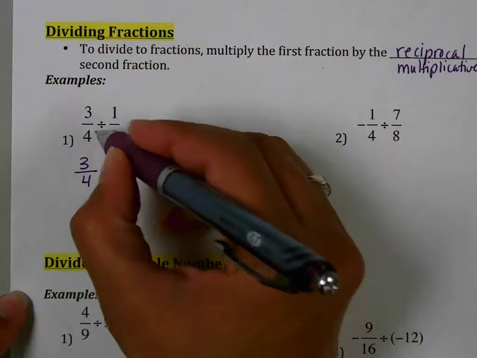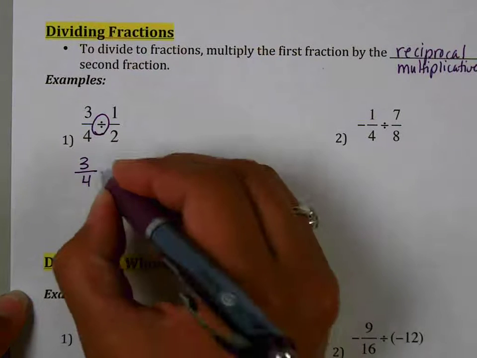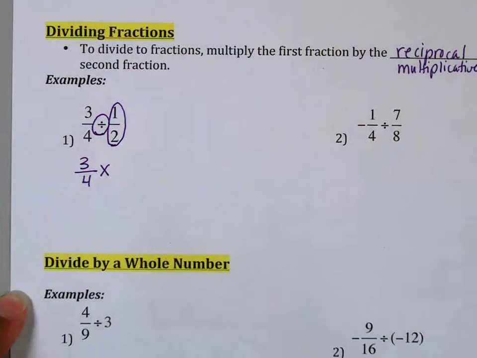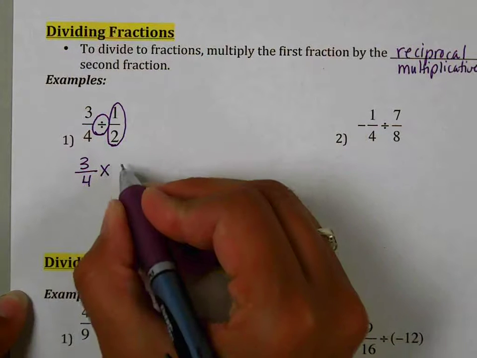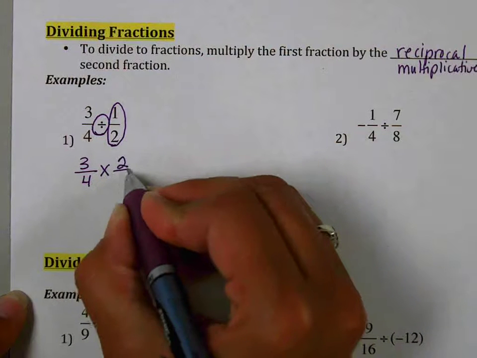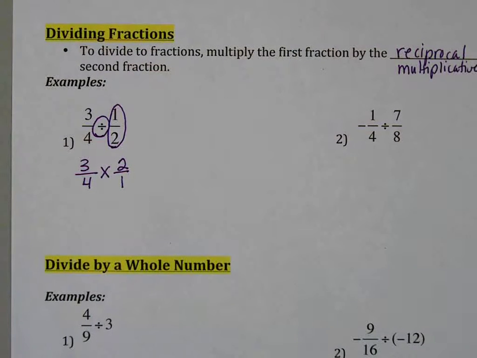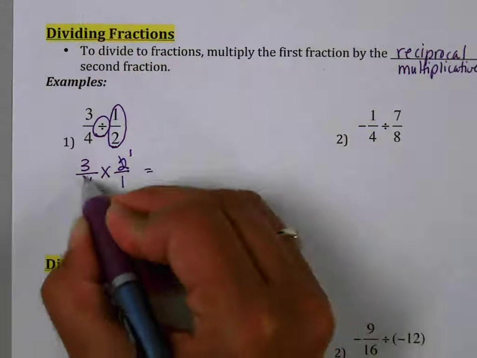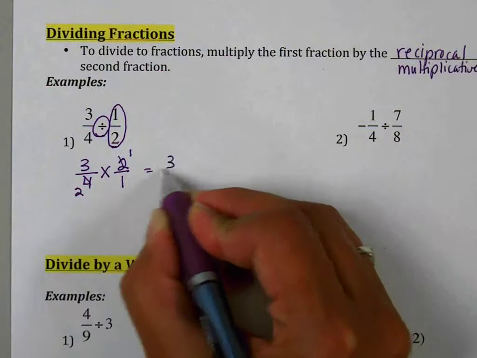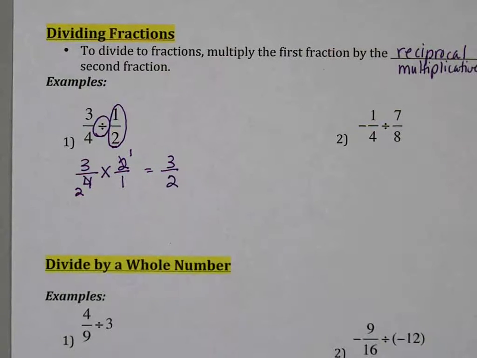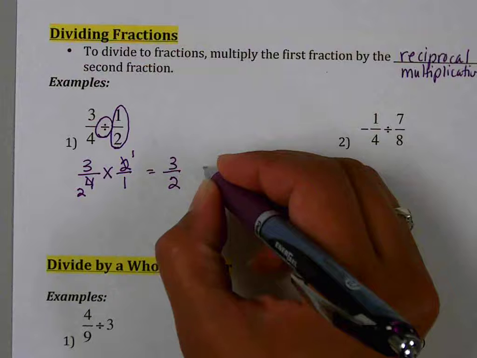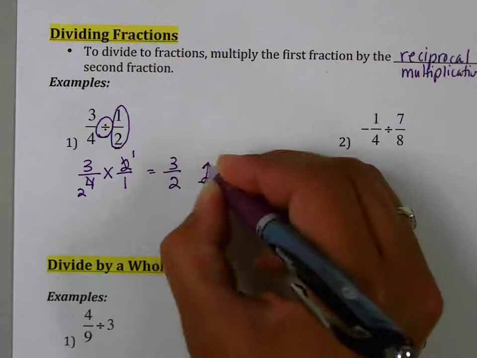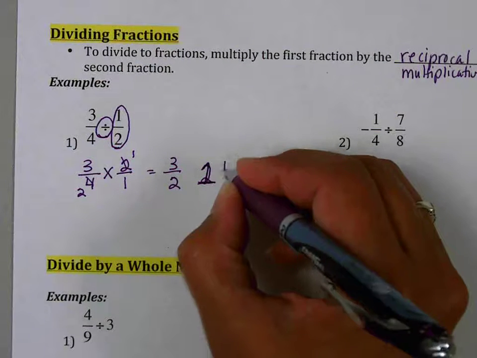We're going to change division to multiplication, and we're going to change the second number by making it its reciprocal or multiplicative inverse. So 3/4 times 2 over 1. We're going to reduce before we multiply, and we get 3/2. Go ahead and change that to a mixed number. So we get 1 and 1/2.